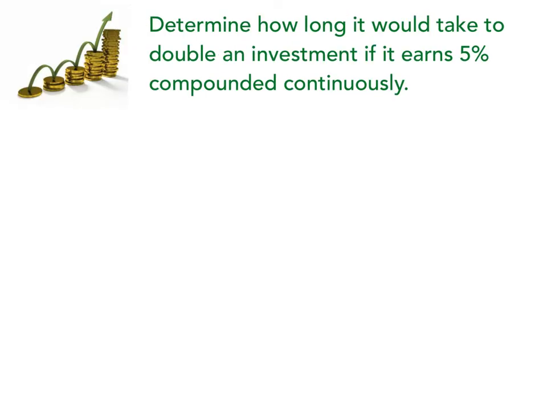So let's finish up with one last situation that is pretty common and pretty useful. So let's determine how long it would take to double an investment if it earns 5% compounded continuously. So I know that I have to use my compounded continuously formula, which is A equals P times E to the RT power.